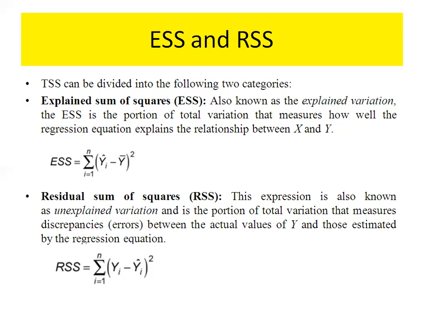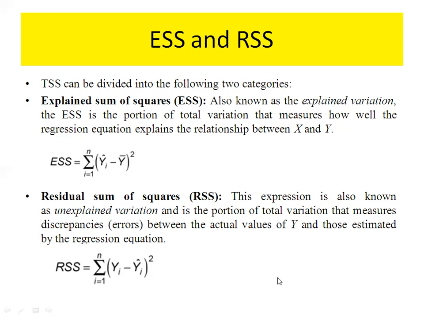In the portion of total variation, if it is explained, it is ESS. If it is unexplained, it is RSS. So RSS measures the errors or discrepancies that arise because of the gap between the actual Y value and the predicted Y value.